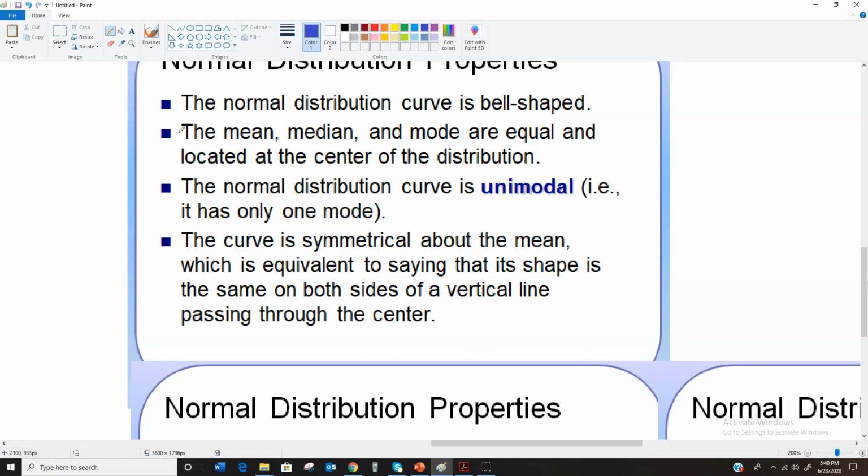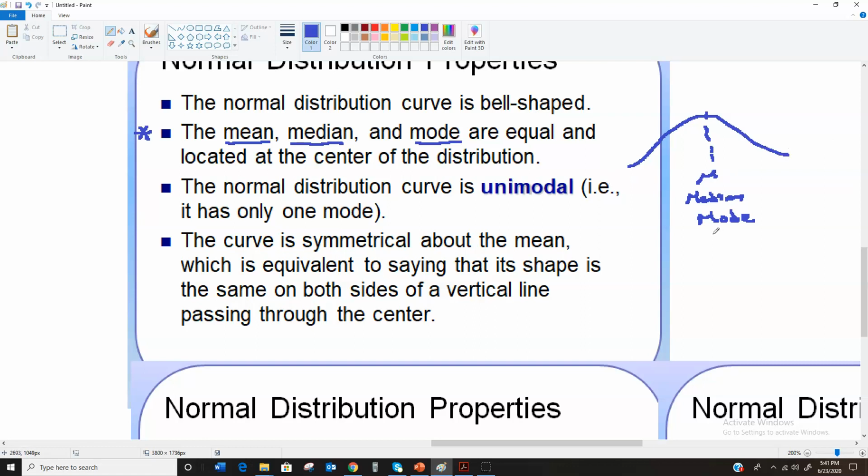If we are talking about a theoretical distribution, then the mean, the median, and the mode have to all be equal, and they all have to be in the center. We only marked the mean before, but the mean, median, and mode would all be the same if this was a perfectly shaped bell curve.